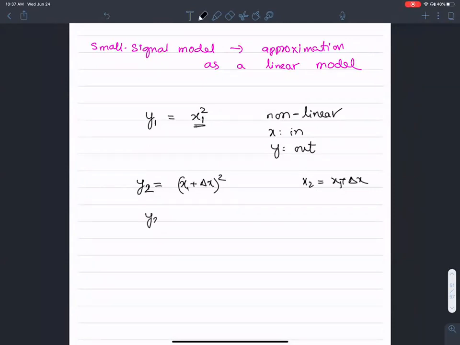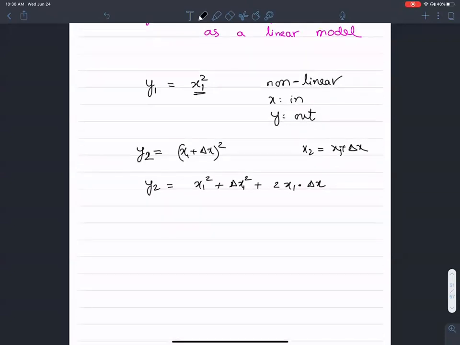Then y2 will be x1 squared plus delta x squared plus 2 times x1 times delta x. So this is y2 in response to an increase in delta x.